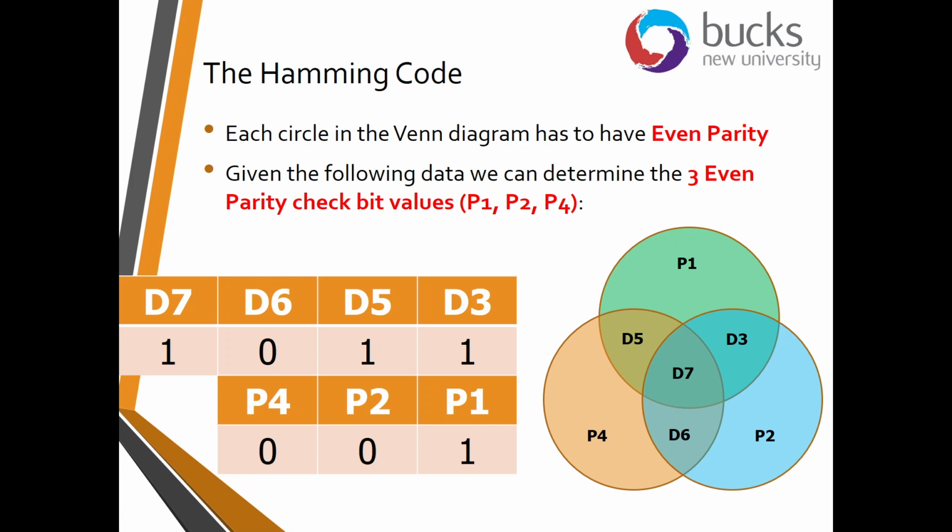And again, it's the same thing, so it's 1, 0, 1. And we already have 2 1s, so even with the parity bit being set to 0. So we set our parity bits based on the data bits that are contained within the circle that the parity bit alludes to. So I've got green, blue, and sort of orange there with parity 1, parity 2, and parity 4.